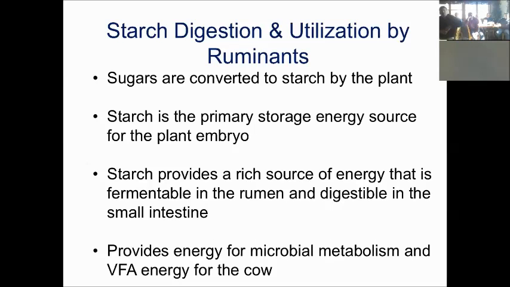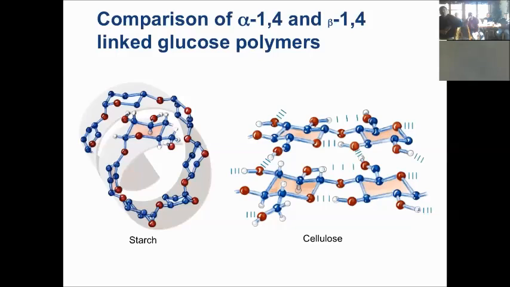Just chemically, it's interesting to remember that if you look at the monomer units of our main carbohydrate sources, which would be something like cellulose here on the right versus starch, they're all based on glucose. It's really the bonding between the glucose units that makes these two carbohydrate sources so different in their availability for fermentation and digestibility.